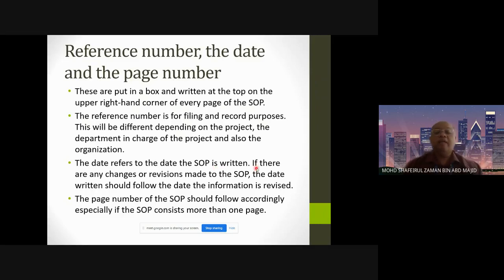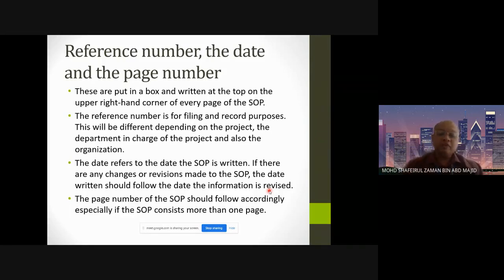Then if there are any changes or revisions made to the SOP, remember there are certain conditions whereby you are going to amend the content, maybe because of the material or the machines that you are using. So the date written should follow the date the information is revised. Let's say today is the 26th of April, and you are required to write the SOP.